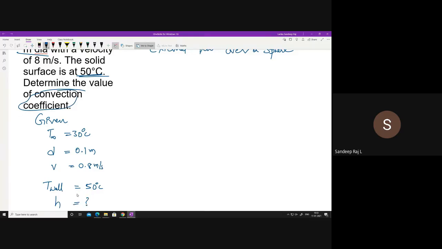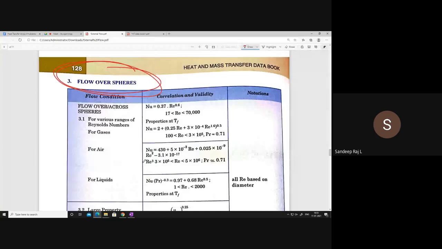So it's a similar problem to the one we have solved for the cylinder. Let's look at the data book for the sphere now. Here also you have this. The properties are to be taken at here.